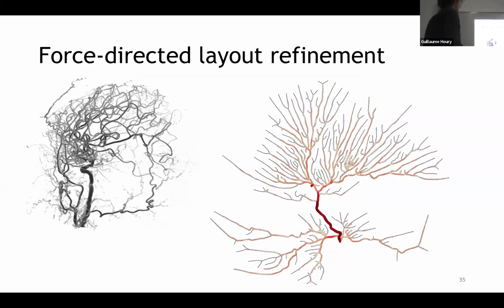And at the end of the day, from this 3D structure, we obtain something looking like this, that corresponds to what we are actually looking for. So even though it's hard to quantify and to know if the intrinsic geometry of the tree is well preserved, at least we have something that still conveys some geometric information while being quite easy to read.